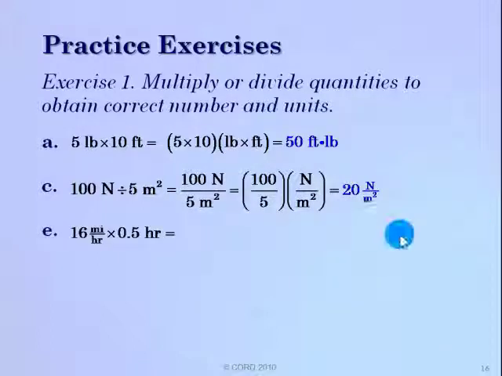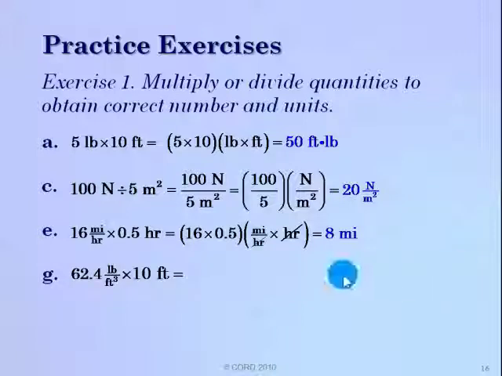Here's a third example, 16 miles per hour times 0.5 hours. So we'll pull the values out, 16 times 0.5, pull the units out. In this case, the units, part of them will cancel, and the result will be 16 times 0.5 is 8, and the units that remain are the miles.